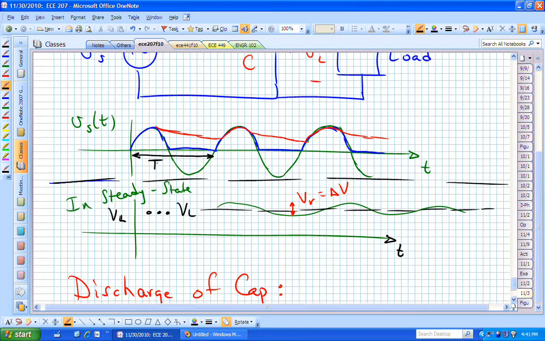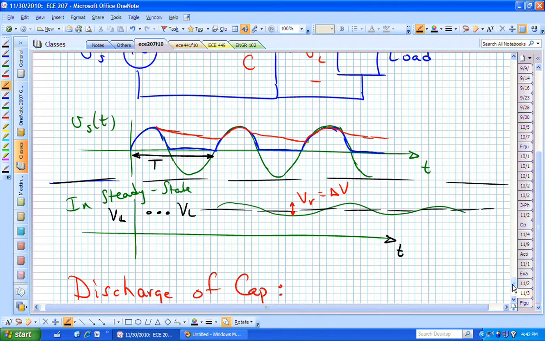We pick 2 points that are the same on that V sub S and measure the time difference between them, and that would give us our T. That's the distance between the first time it goes through 0 going positive and the next time it goes through 0 going positive. That's our period of oscillation, capital T of V sub S of T.